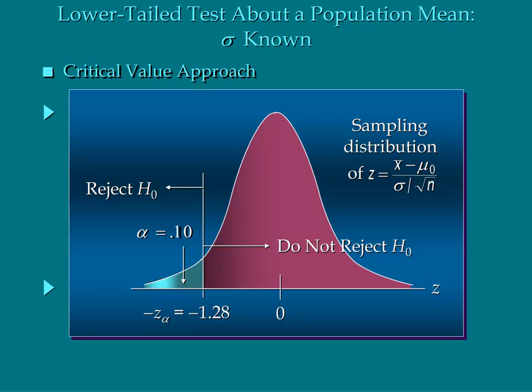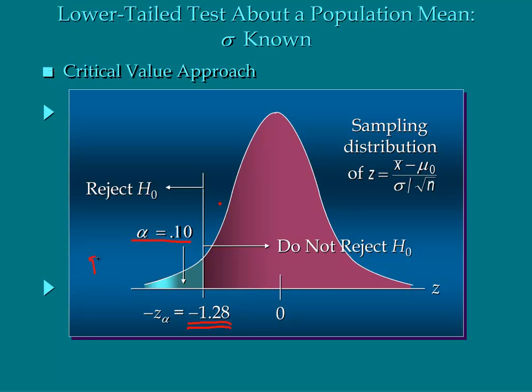So this is a lower tail test for a population mean, and we're using the critical value approach. In this case, the critical value, the threshold, is minus 1.28. So it's minus z of alpha, minus the quantile that gives you an alpha level of 0.10.